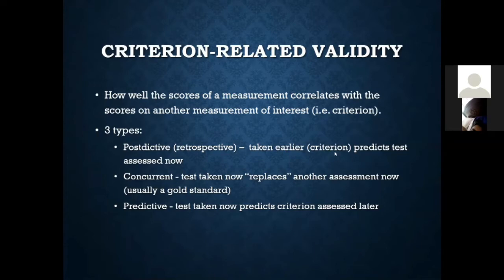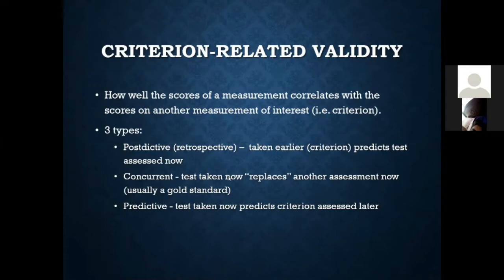The criterion was in the record because it was taken earlier, and then you are going to see whether that criterion predicts your assessments now. So you need to have a good record. The second one is concurrent.